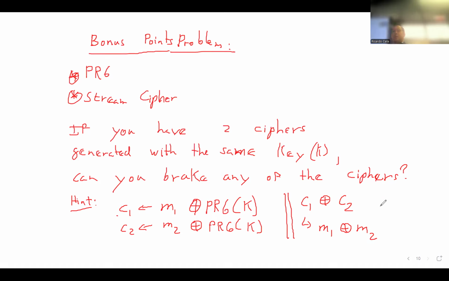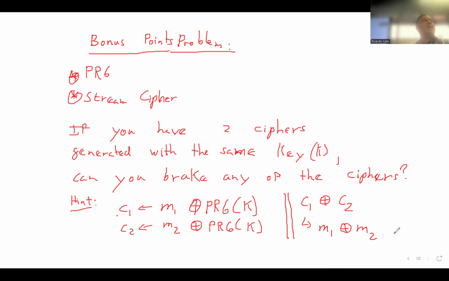Why are you able to intercept C1 and C2? Because that's actually what's going in the wire, right? So when you tap that wire, you get that C1 and C2 and possibly more, right? So the vulnerability here is implying that they use the same key. And that's like the bad part, right? So play with this. So C1, C2, and how would that be related to M1 XOR M2?